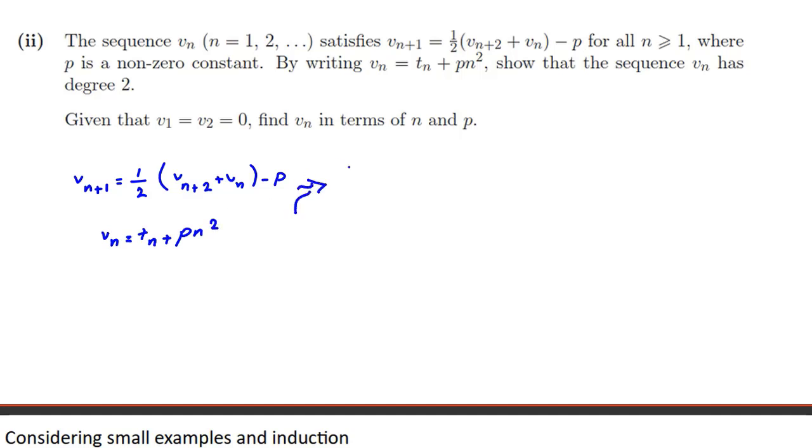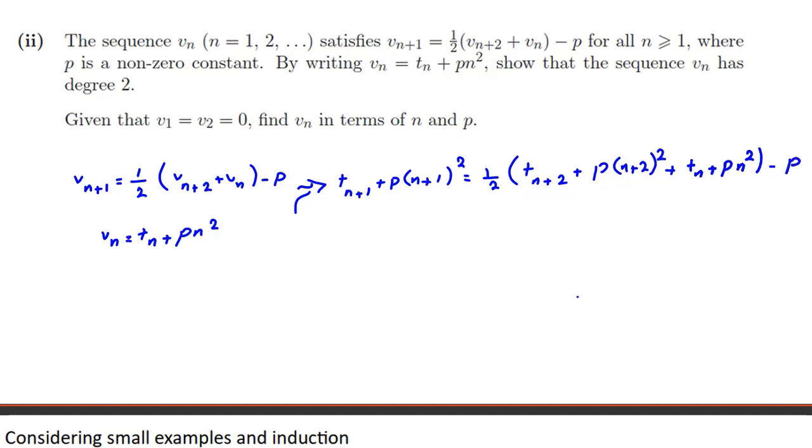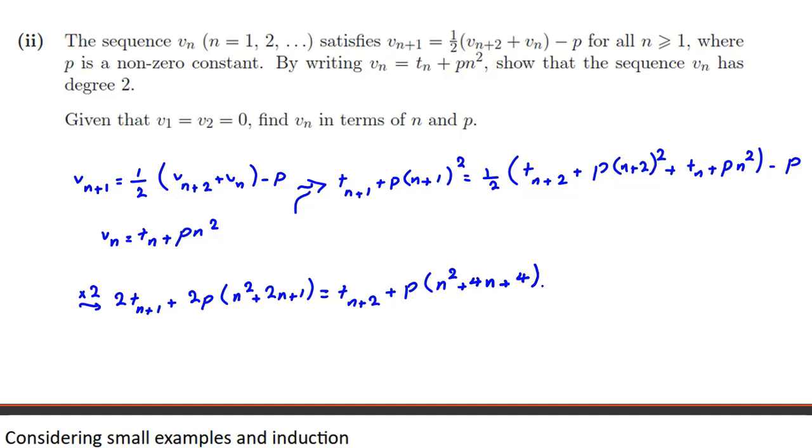If you replace it here, Tn plus 1 plus p times n plus 1 squared equals 1 half times Tn plus 2 plus p times n plus 2 squared plus Vn, which is Tn plus Pn squared, minus p.